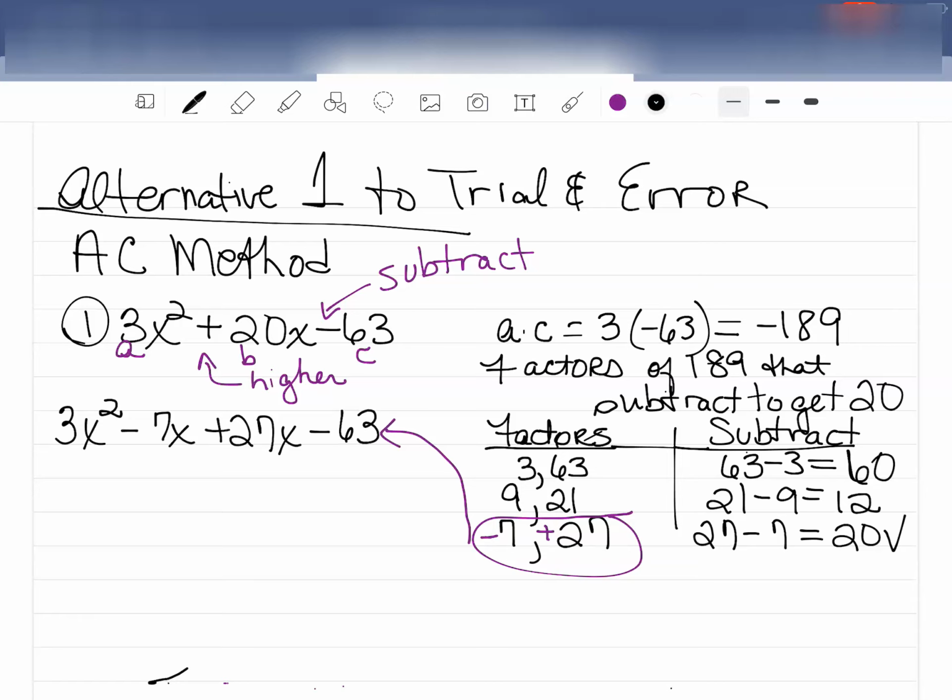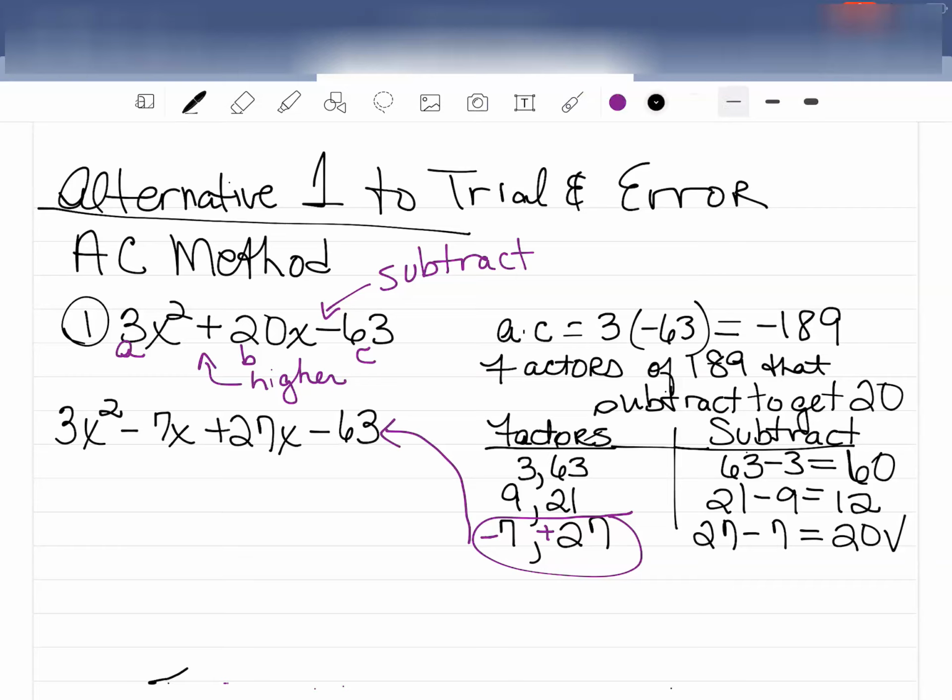By doing that, I haven't changed anything, because a minus 7x plus a 27x will give me my 20x. These two together will give me my 20x. So I just found a way to rewrite this that I now can use to factor by grouping to finish out the problem.